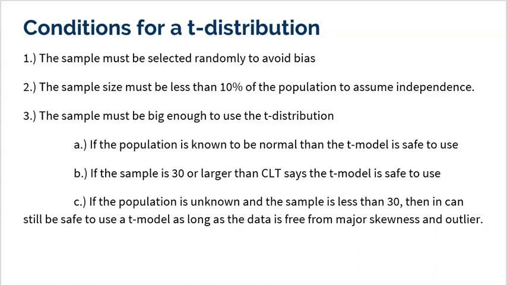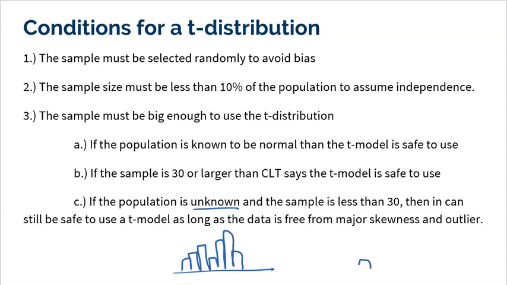Now remember why this is. In the intro video, we talked about the fact that the shape of a sample should reflect the population shape. Well, we don't know what the population looks like, right? It says unknown population. But if our sample looks roughly symmetric, it doesn't have to be perfect by any means, just no major skewness, no major outliers. So maybe we see a histogram and it kind of looks like this, right? Well, it's certainly not perfectly normal, but I don't see any major outliers.